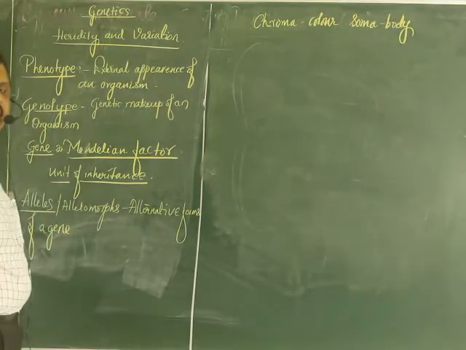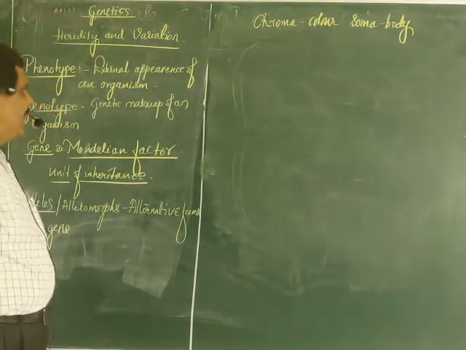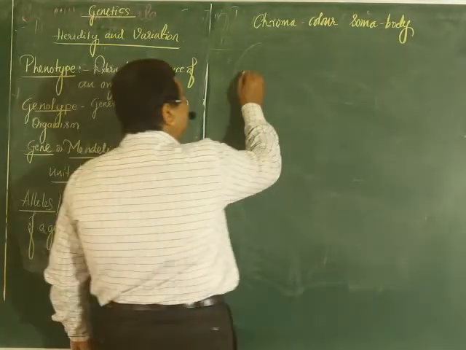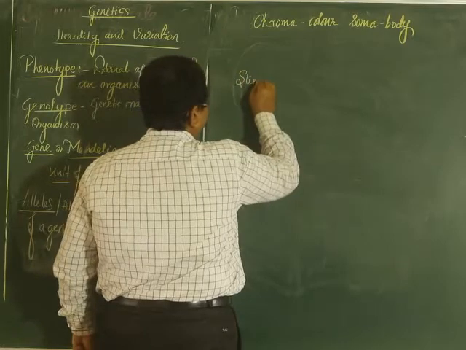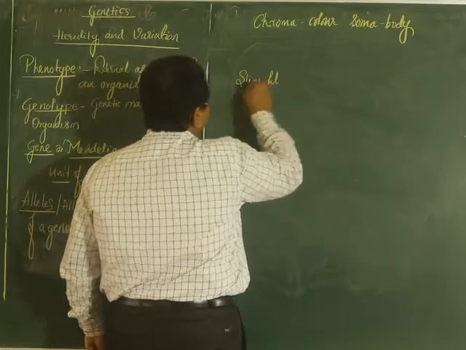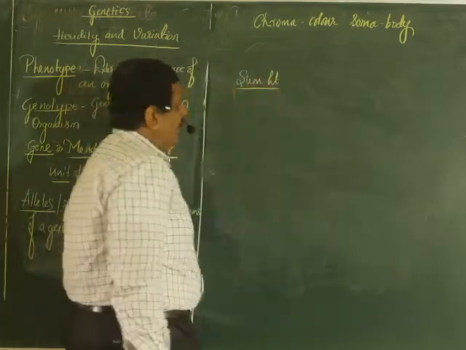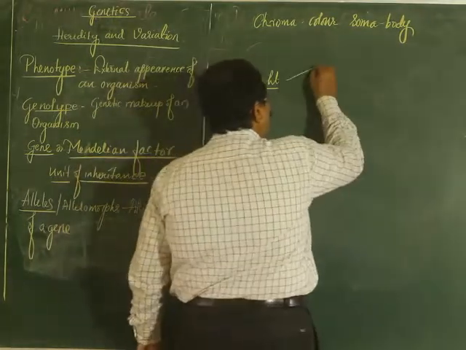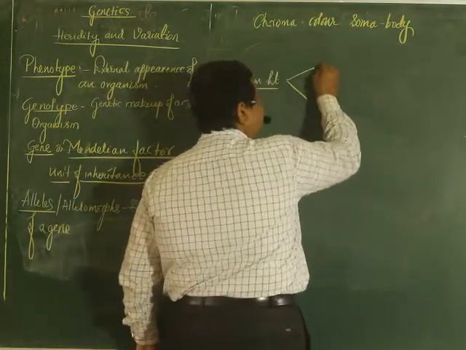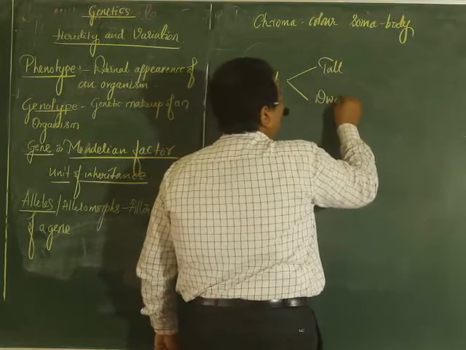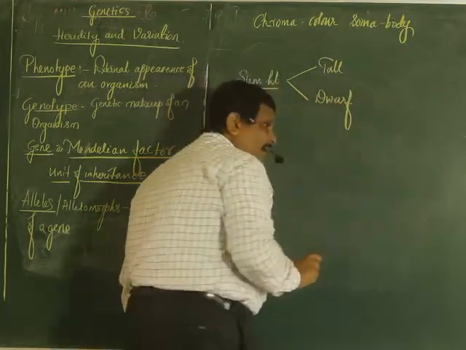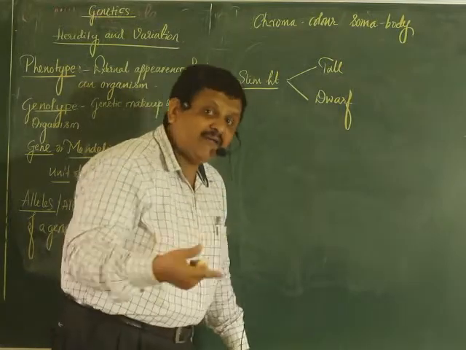What is this alternative form of a gene? For example, I will take one example. Stem height is a character. Correct? Here, there are two alternative forms. One is tall plant and another one is dwarf plant. Tall is also height. Dwarfness is also height.